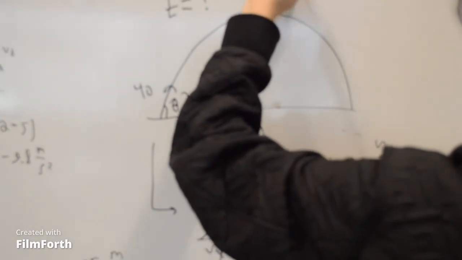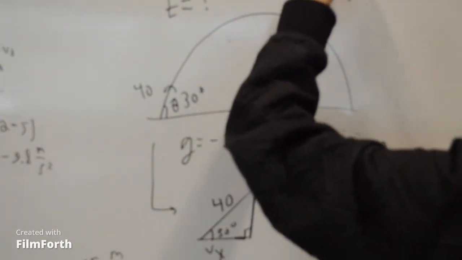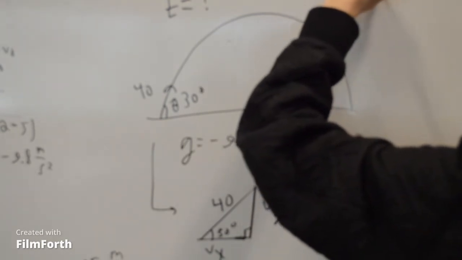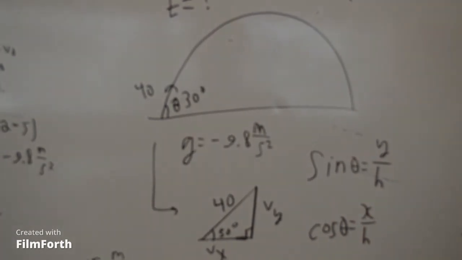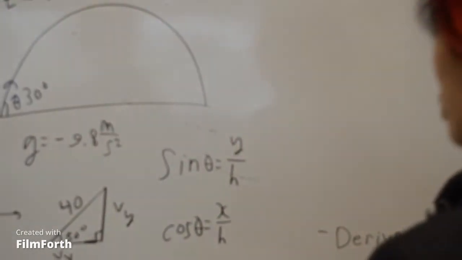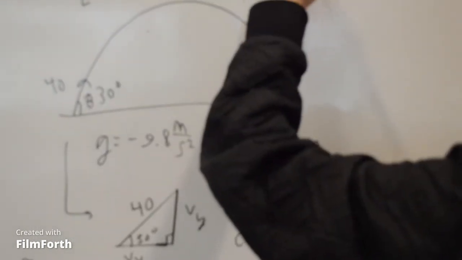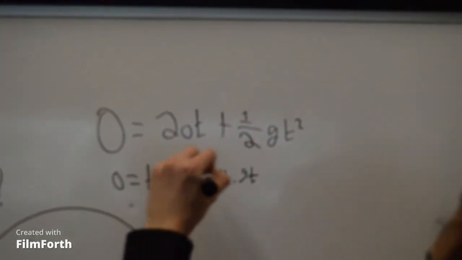Now, let's do some factoring. We can factor 1 t out, therefore we get t multiplied by 20 plus half g t. Let's make it even easier. We know g is negative 9.8, therefore half of g is minus 4.9, and it's t, not t squared, because we factored out a t.